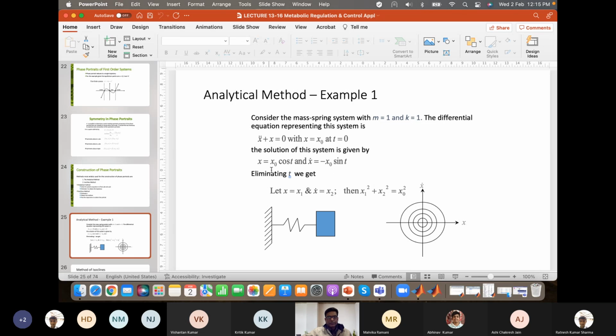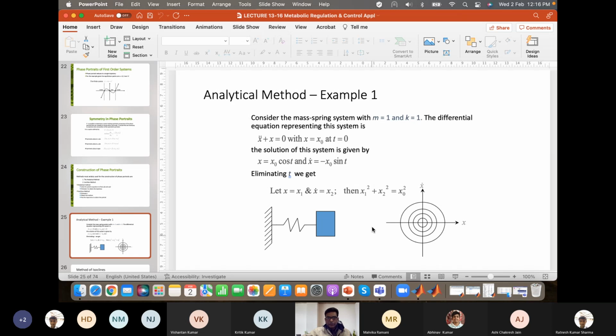And the solution for the system is very well known. x0 cos t, and x dot is equal to the derivative of that, so minus x0 sin t. So that automatically tells you that, if you were to just work this out, then if you represented x as x1 and x dot as x2, then x1 squared plus x2 squared will be x0 squared. That's what we can see here.